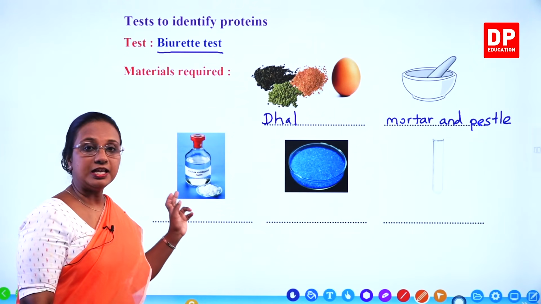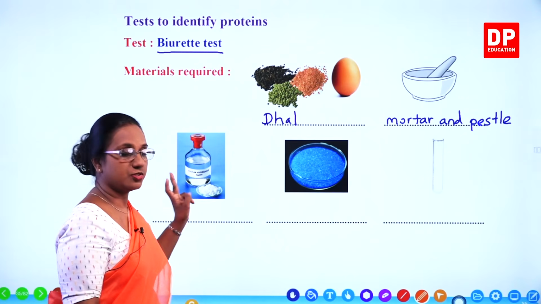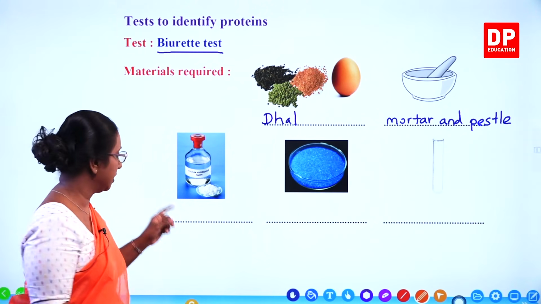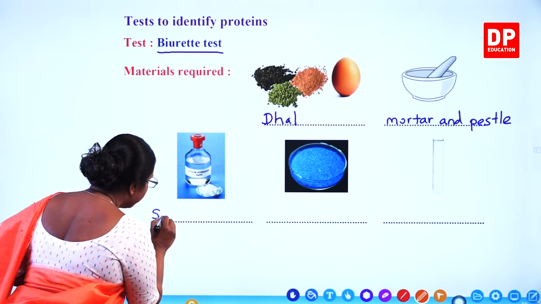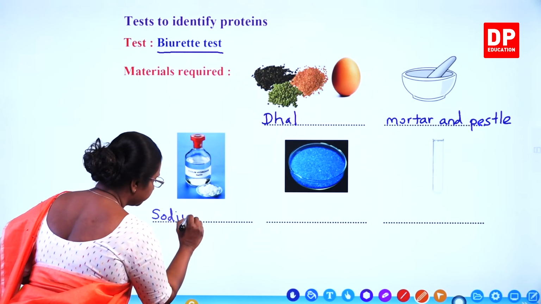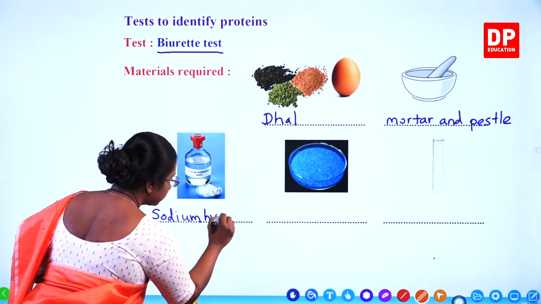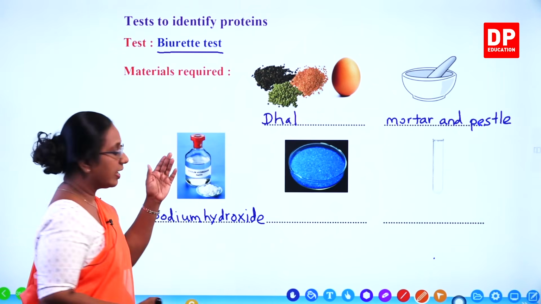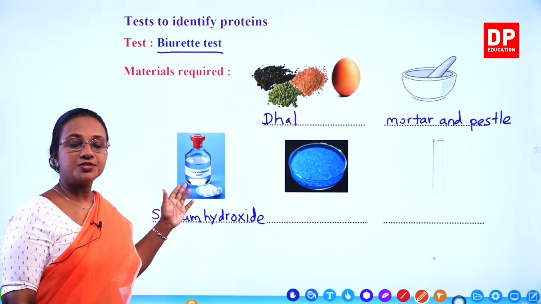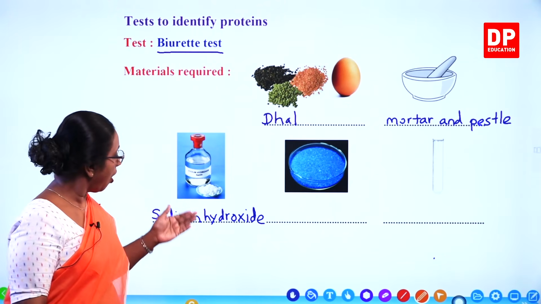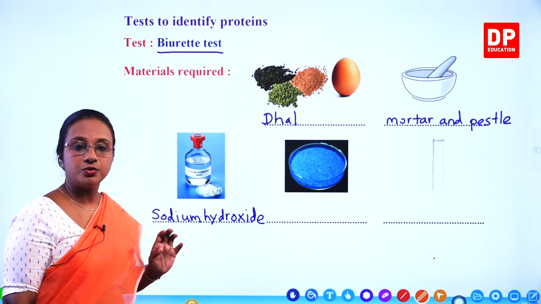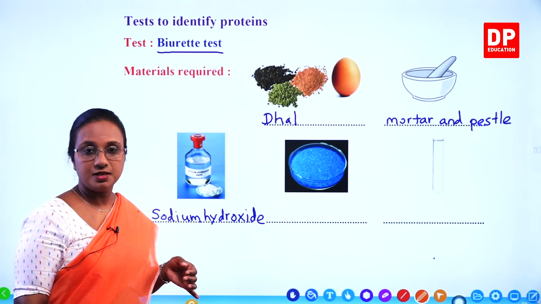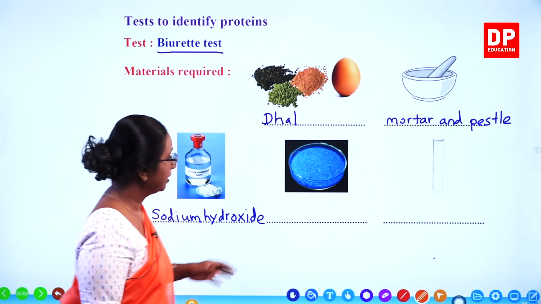And then we need two reagents or two chemical substances to do this activity. One is sodium hydroxide solution. You can directly use the sodium hydroxide that is available in the lab, or you can dissolve sodium hydroxide pellets in water and prepare a solution of sodium hydroxide.